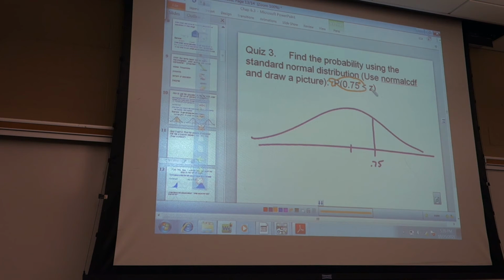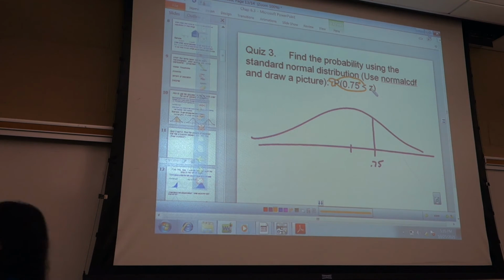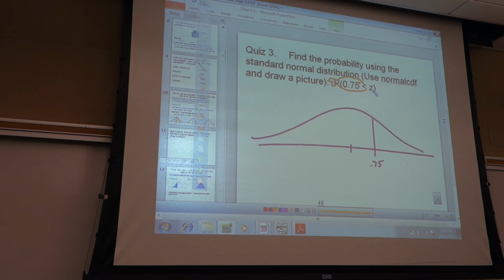Remember, the little guy is easier to catch. He's already eaten. So 0.75 is smaller. Z is bigger. The bigger one's harder to catch. So Z is bigger than 0.75. So you want this area out here. That means I'm going to end way out here at positive infinity.